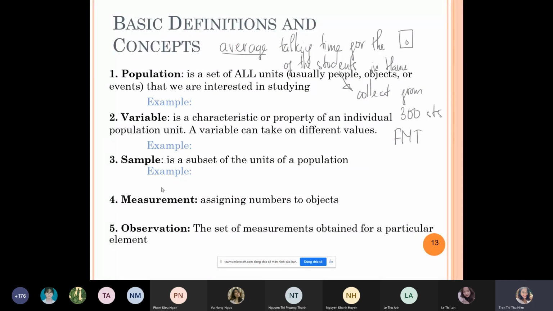And the observation is the set of measurements obtained for a particular element. In this case, the observation is the name of, or this X student from your sample. So is this clear to you? For some words here, five new words: population, variable, sample, measurement, and observation.